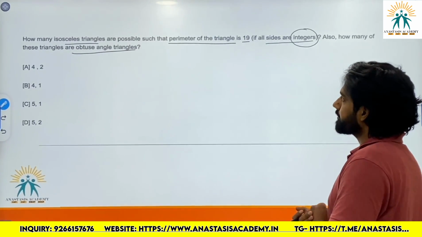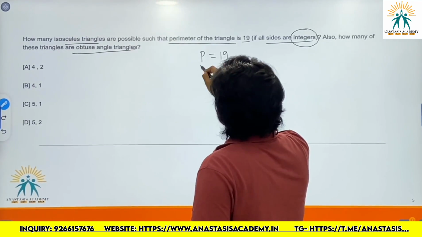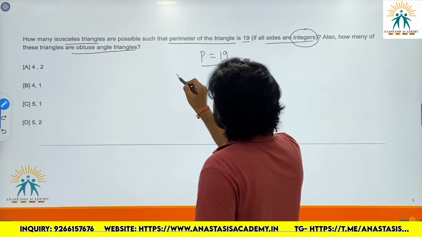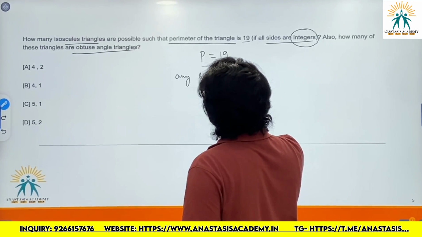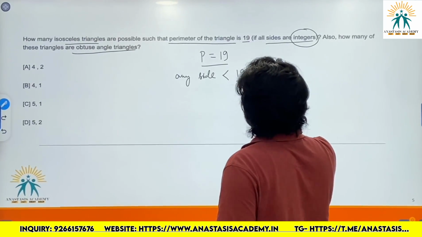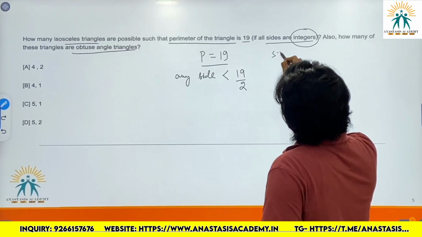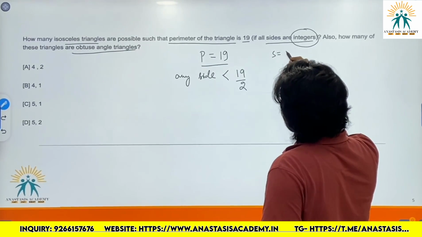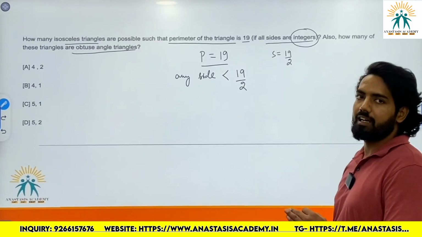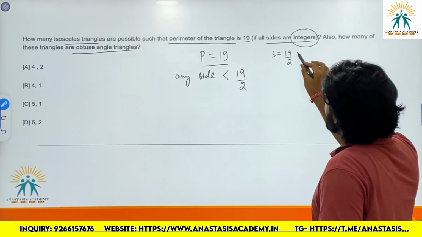First of all, I know if the perimeter of the triangle is 19, then any side must be less than half of the perimeter, because if any side is equal to half of the perimeter, then the property of a triangle to exist, that the sum of two sides must be greater than the third side, will not follow.